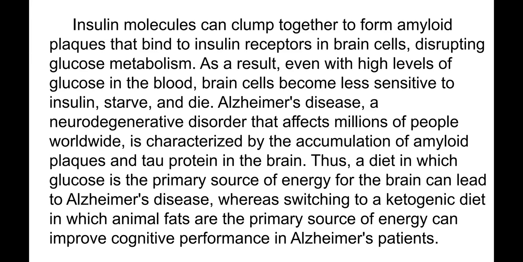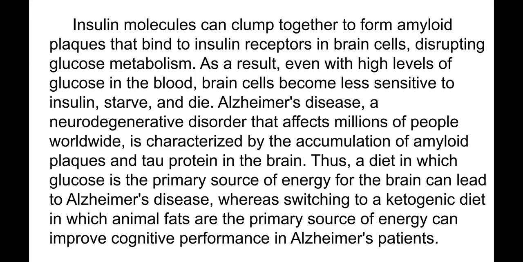As a result, even with a high level of glucose in the blood, brain cells become less sensitive to insulin. They starve and die. Alzheimer's disease, a neurodegenerative disorder that affects millions of people worldwide, is characterized by the accumulation of amyloid plaques and tau protein in the brain.